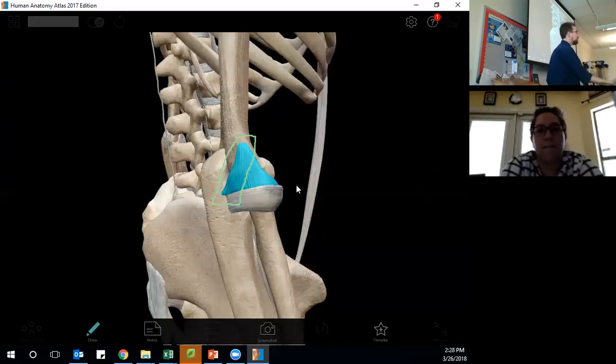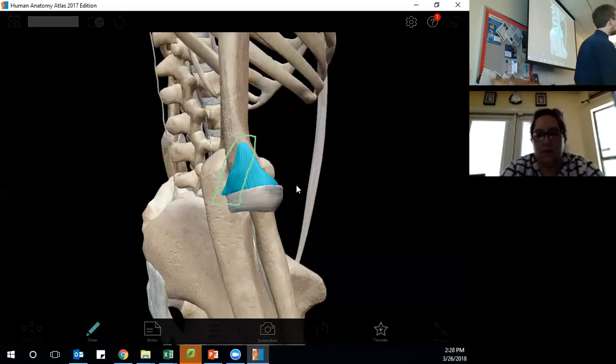All right, so UCL has how many bands? 3, anterior, posterior, transverse. Laterally, we have the RCL, radial collateral ligament, and we have the LUCL, that stabilizes the lateral humero-ulnar joint. So what's the last joint that we haven't done much with?